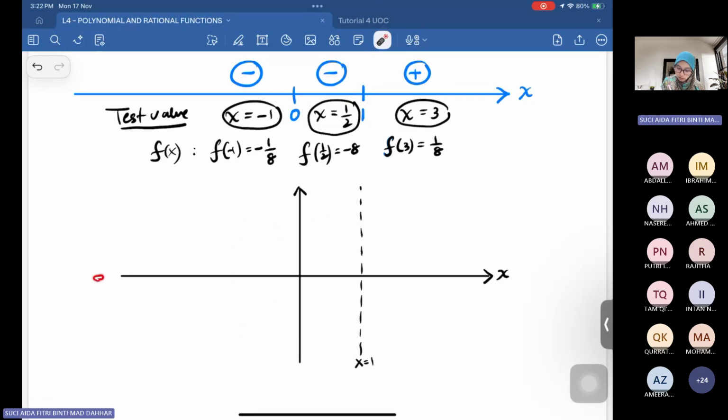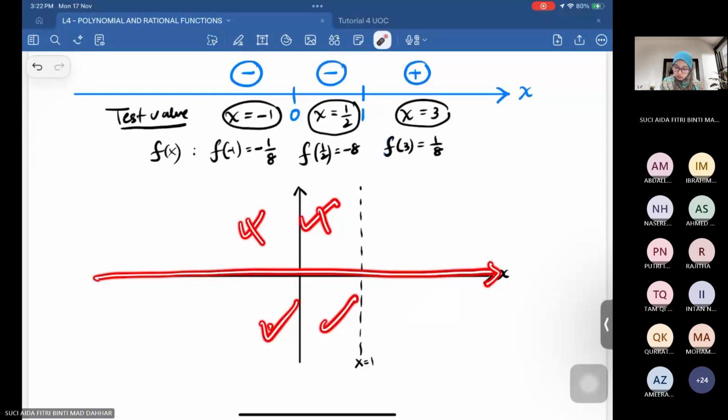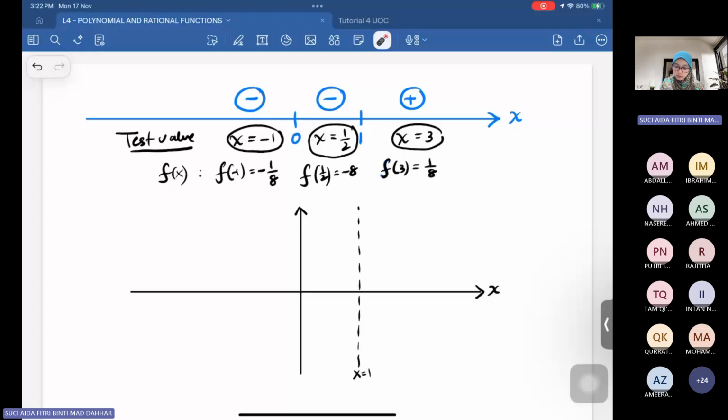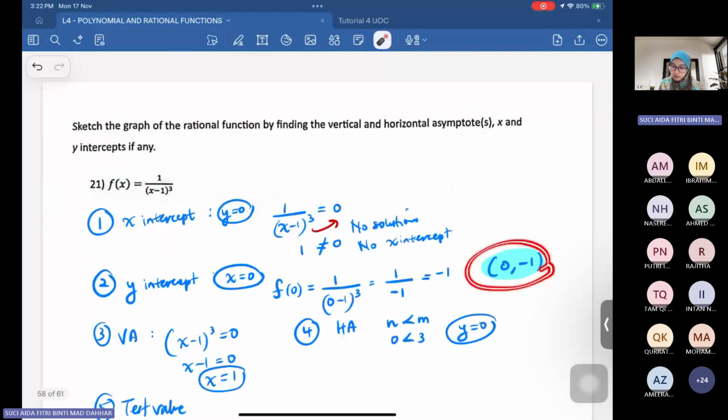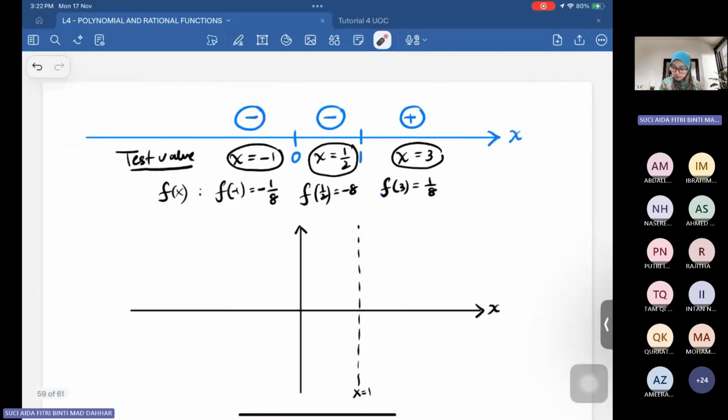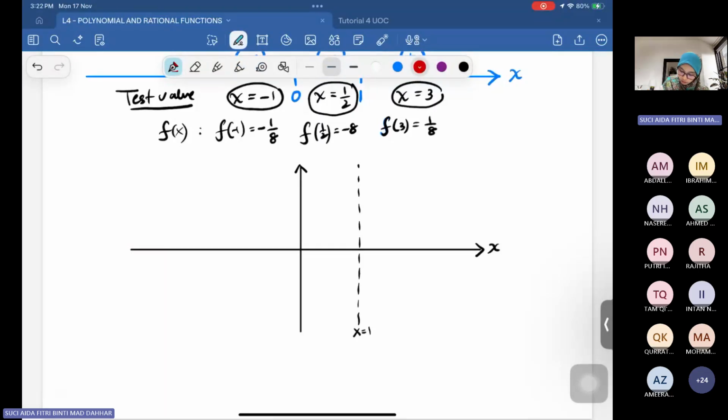And remember, we have a horizontal asymptote on the x-axis, on this line. So if you were to draw something down here, the curve cannot meet these two lines, so it must be something like this, correct? And remember, we got the y-intercept just now. The y-intercept is occurring at -1. So that means the graph will look like this. This going downwards, this going upwards, and this cuts at -1.